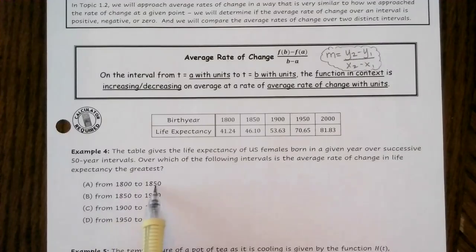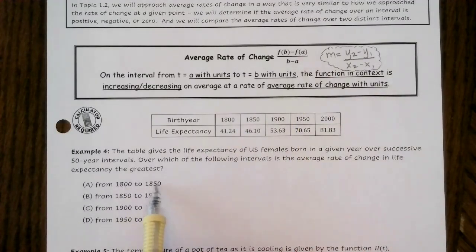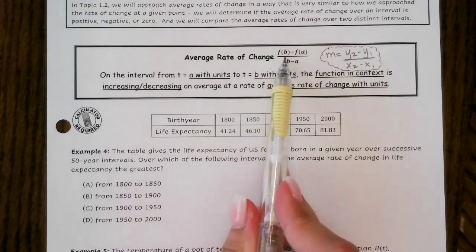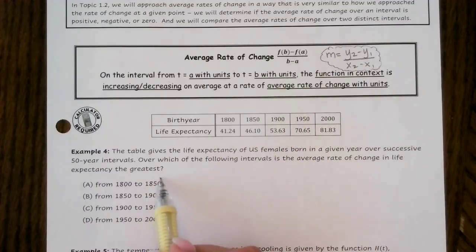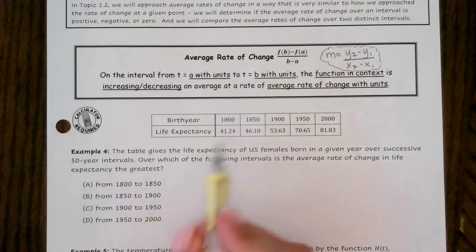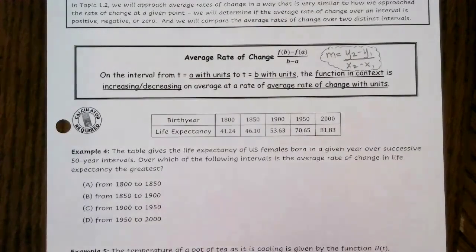So from 1800 to 1850, these would be our x values, or our independent values. So that's my b minus my a. I take 1850 and I subtract the 1800. On the top here, it would want f of b minus f of a. So f of b would be, what is the value of the function at 1850? Well, the value of the function at 1850 is 46.10.